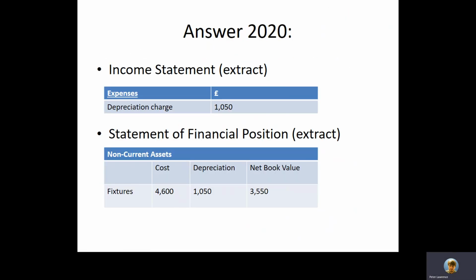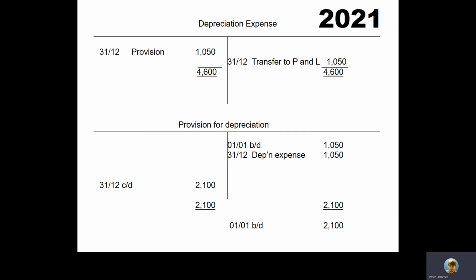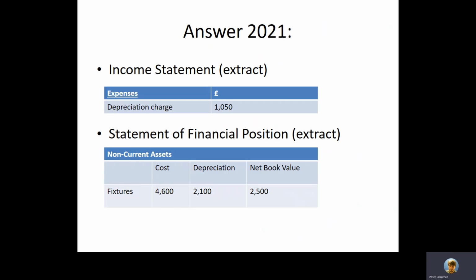So in 2020, we just had 1 year's charge to give us a net book value of 3,550. And then we added to the provision in 2021 with an extra year's charge. So our provision became 2,100. And now we can say that our asset, after 2 years worth of use, is worth £2,500.